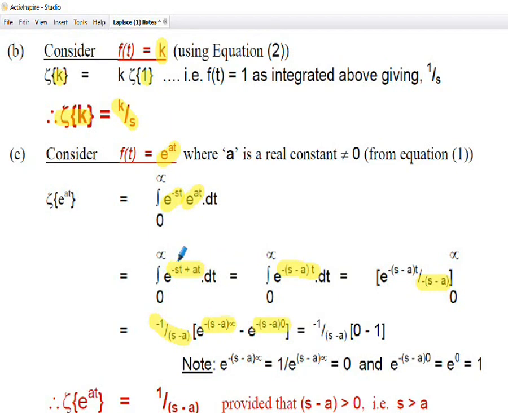We know the first term in that bracket will go to 0 because we're dividing by a really large number, and the second term, because e to the 0 will be 1. So again, we can formulate a solution. The Laplace transform of e to the at can be written as 1 divided by s minus a.